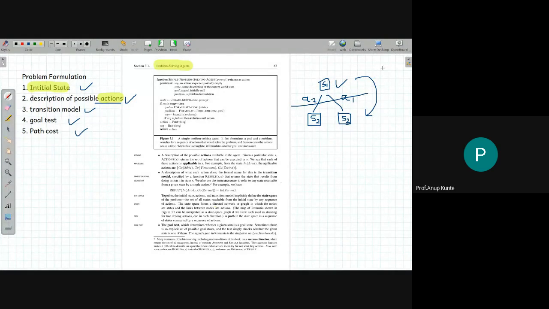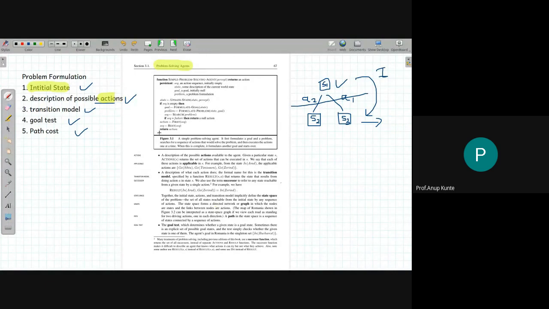So I may consider this to be the current state of affairs. Actions are what I can possibly apply to the environment, and what I get over here is the next generation, or the successors as they are referred to. So these are the successor states.